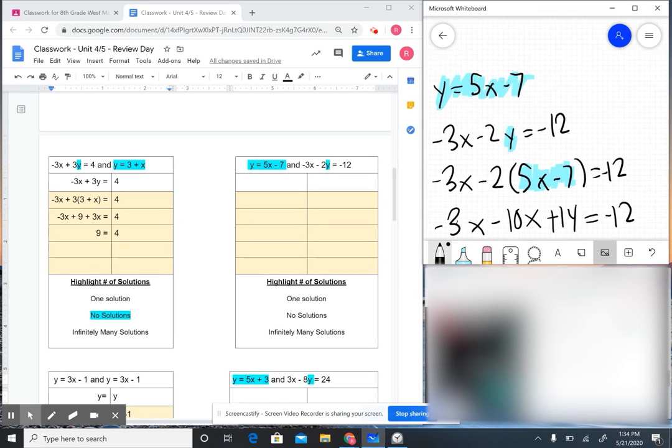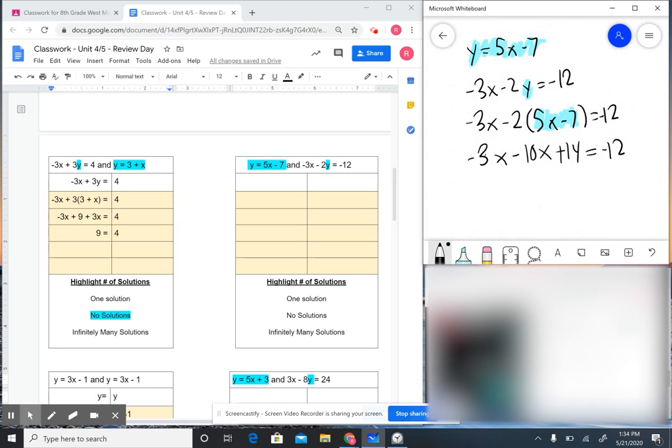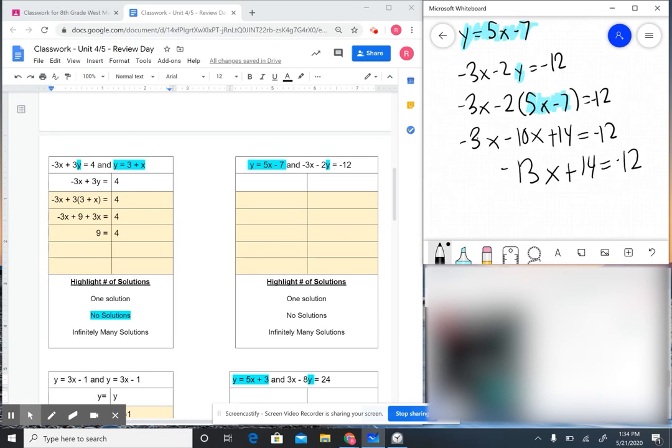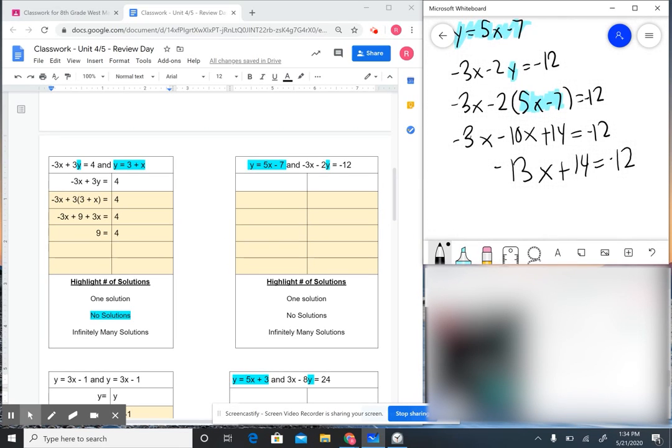And then it's going to be negative 3x minus 10x is negative 13x plus 14 equals negative 12. So that's the distributive property. So I substituted here, I did the distributive property, and then I combine like terms there, right? I combine this one and this one together.